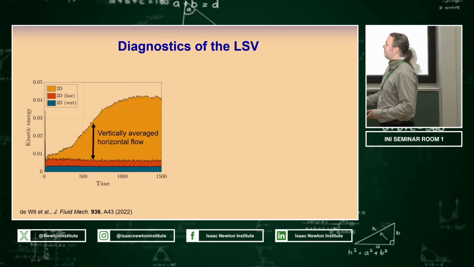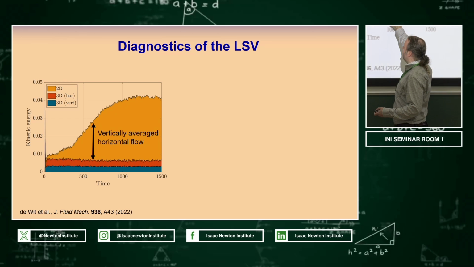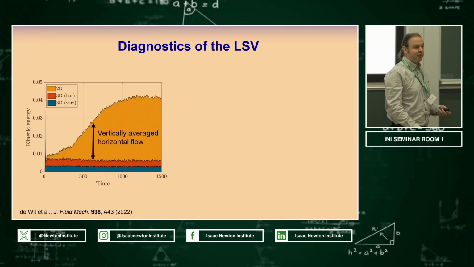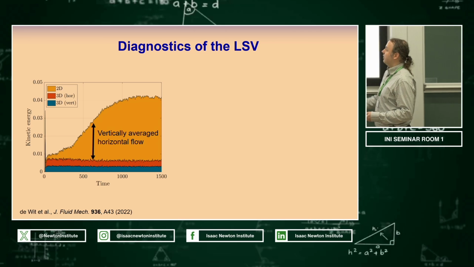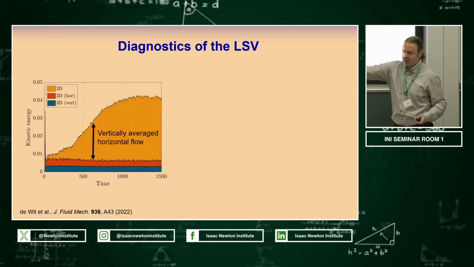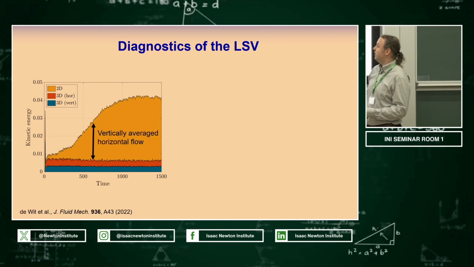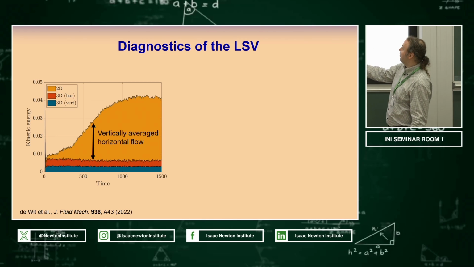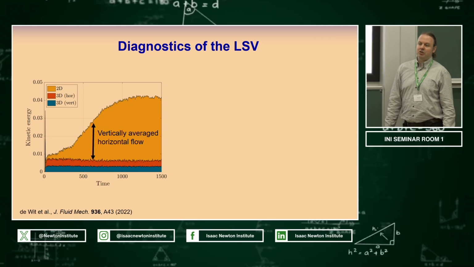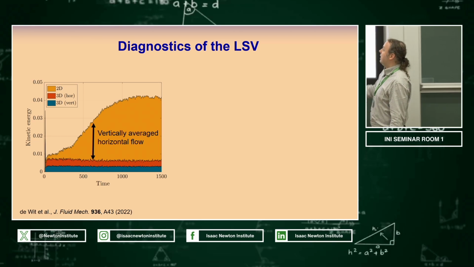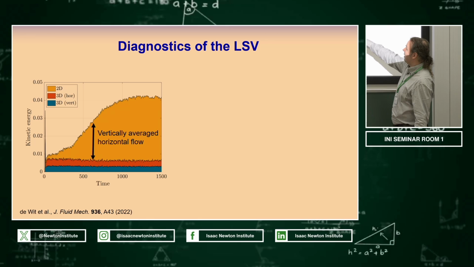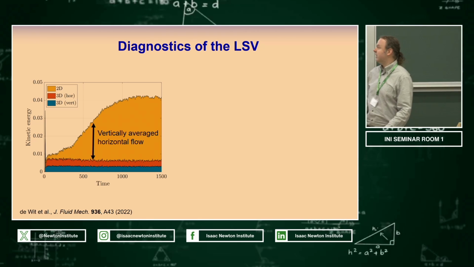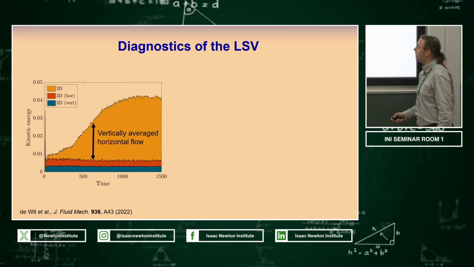It's pretty clear that these 3D components remain constant over the entire duration of the run, while the 2D component, this big vortex underneath, is growing significantly up to a point where it finally saturates, and in that state there's clearly much more energy in this big 2D vortex than in any 3D fluctuations.